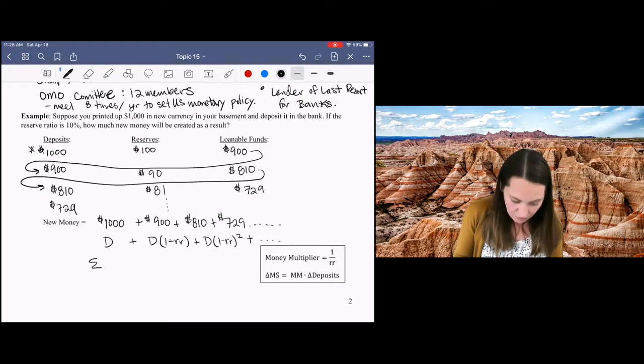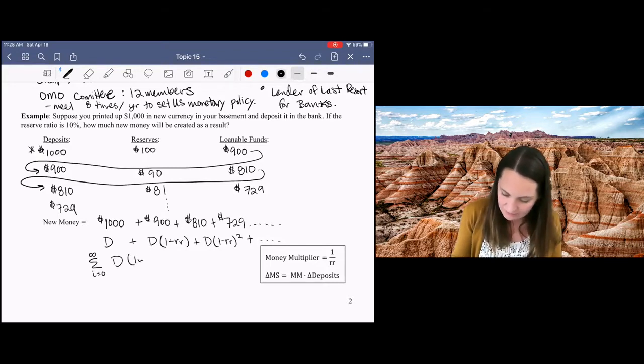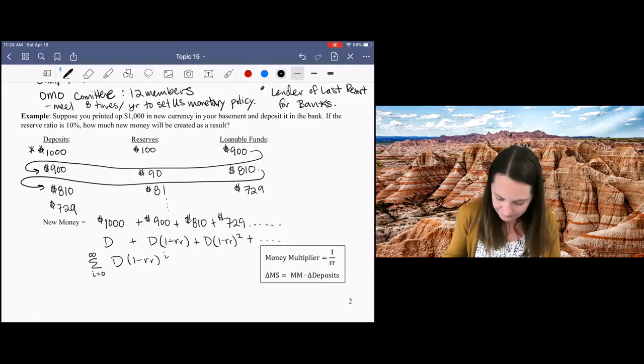And even more succinctly, we can write that as the summation from 0 to infinity of the amount of new deposits times 1 minus the reserve ratio to the ith power.